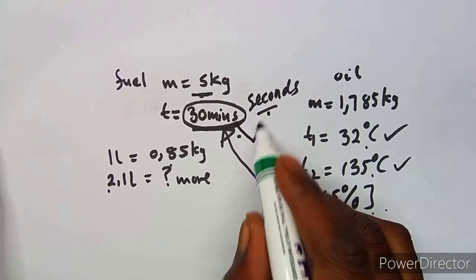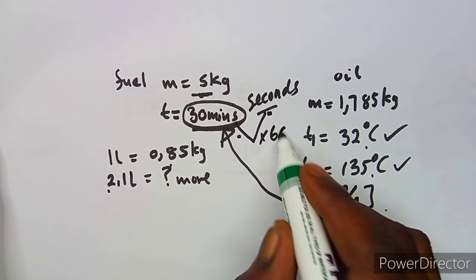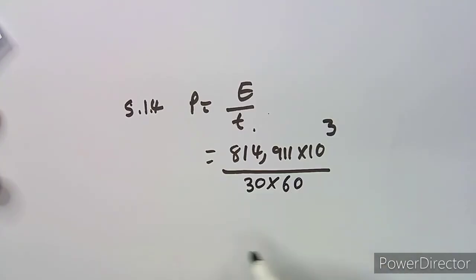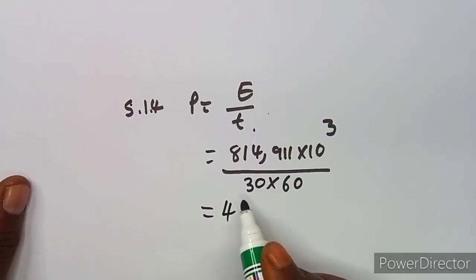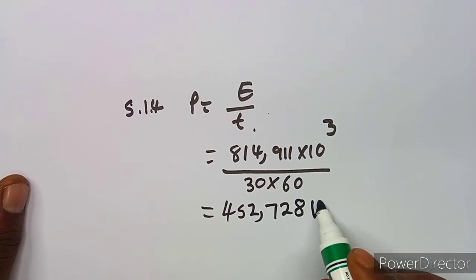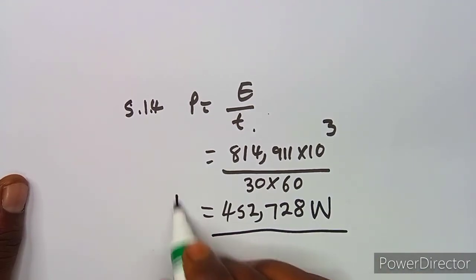So how do I convert minutes to seconds? Multiply by 60. So it's going to be 30 by 60 like this. It's now in seconds. So the moment I divide, I'm going to obtain 452,728, which is power measured in watts.